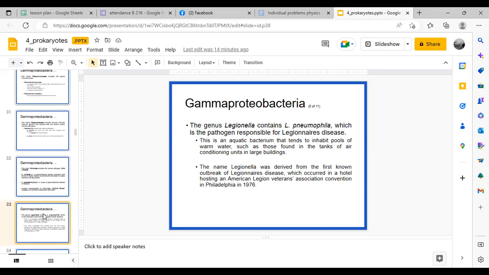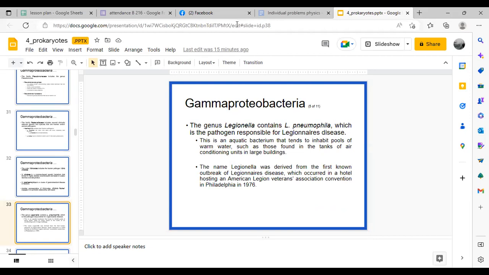Under the genus Legionella, you have one of the diseases in the 1970s called Legionnaires' disease. So the bacteria that causes that is Legionella pneumophila.